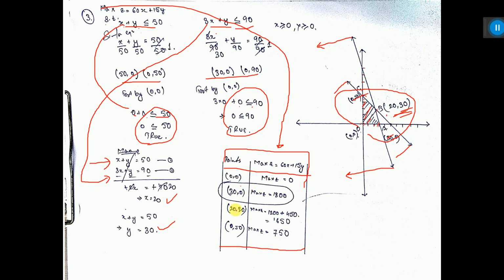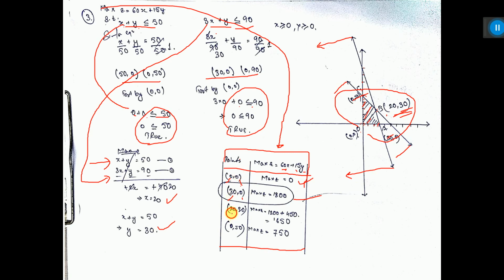Write serially here. Then this is the value of x, this is the value of y. So what is the max z value coming? 60 into 0 plus 15 into 0, that is 0. Then the value of x is 30, value of y is 0. Put here 30 into 60 and 15 into 0. So 1800 is coming.